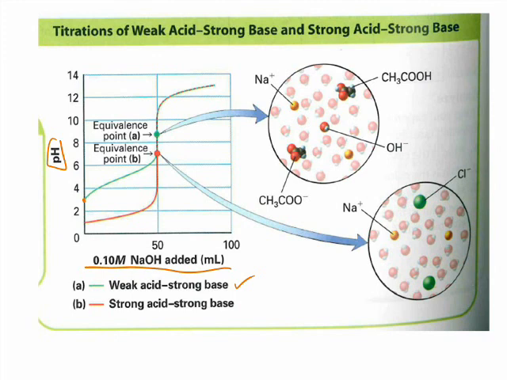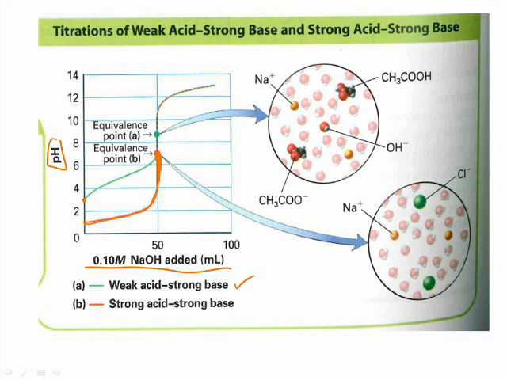When we start here at about 3, the strong acid strong base is the orange line, and we start at a pH of 1. The equivalence point is the point in a titration where the number of moles of hydrogen ions equals the number of moles of hydroxide ions.